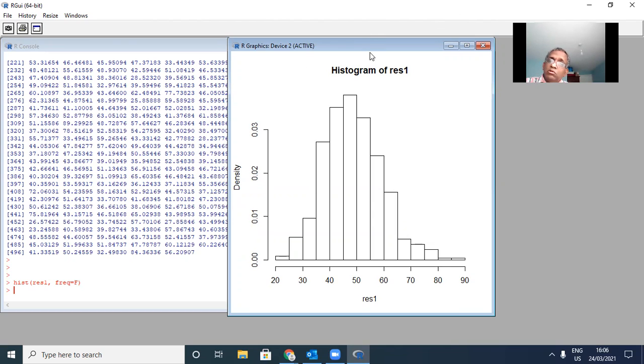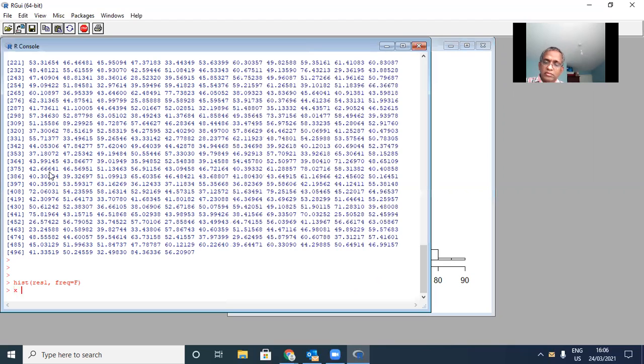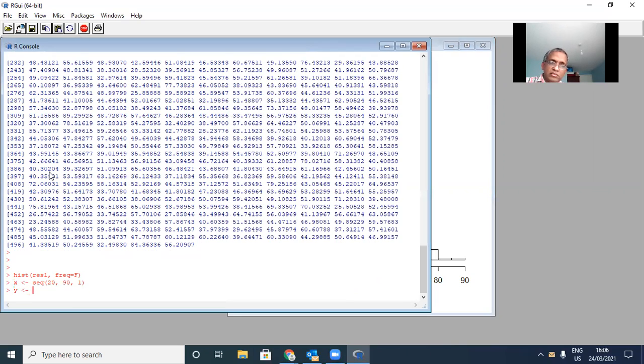Right. Okay. Now I want to show you that the histogram here can be well fitted by the chi-square distribution with n-1 degrees of freedom. To show that, first I need to define the x value. The x goes from 20 to 90, right? So I define x as a sequence from 20 to 90 in steps of 1, and y as the density of the chi-square at x with the degrees of freedom equal to n-1.